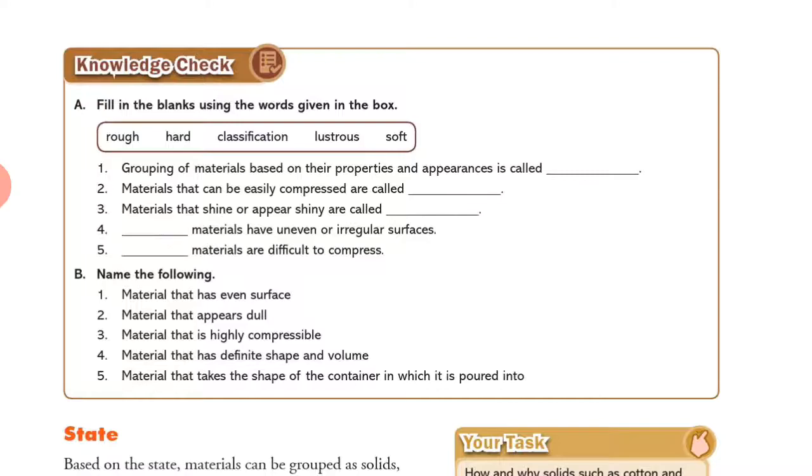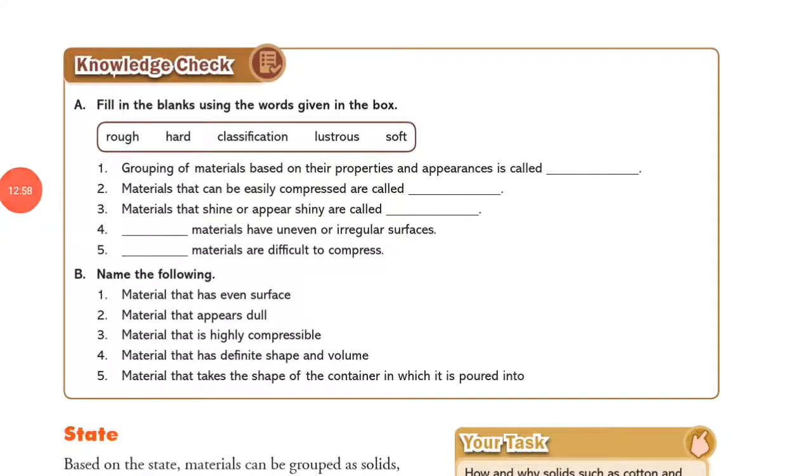Liquid. Okay. First we fill out smooth material. Second we fill out non-lustrous. Third is soft. Fourth one is solid. Fifth one is liquid. Got it, dear students?